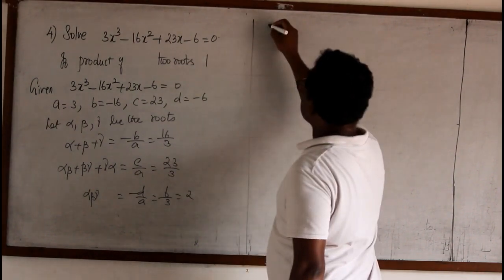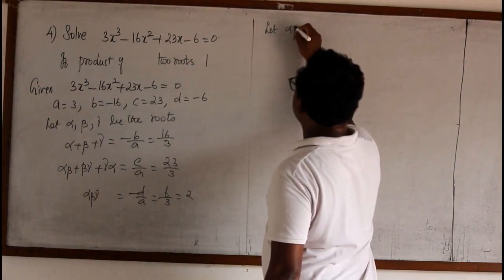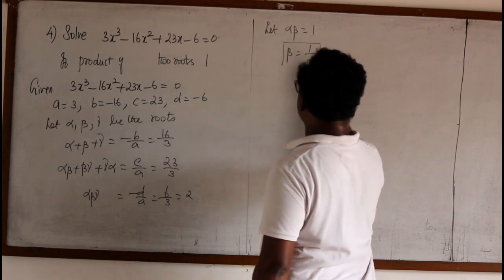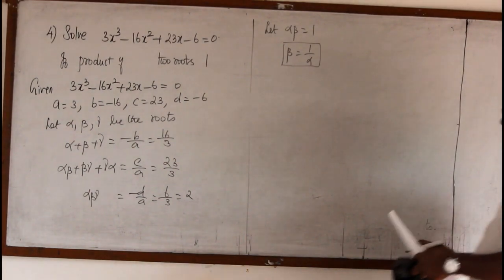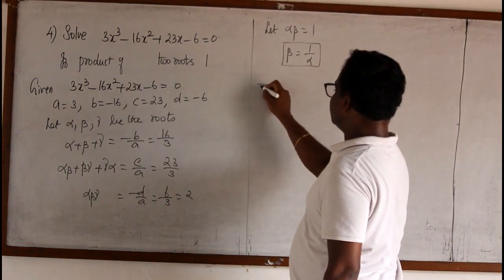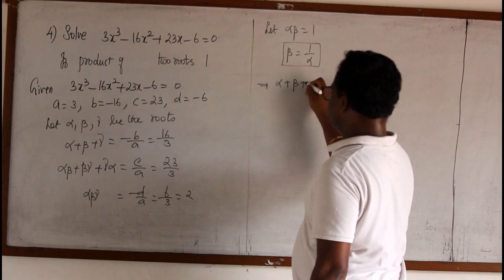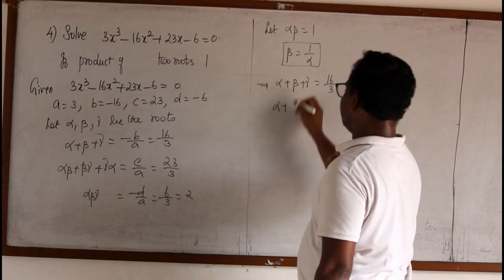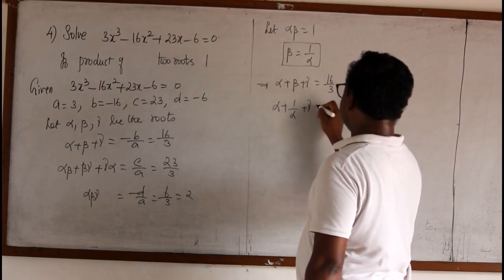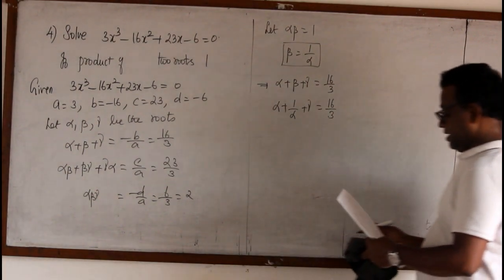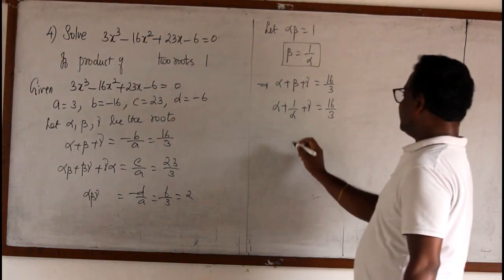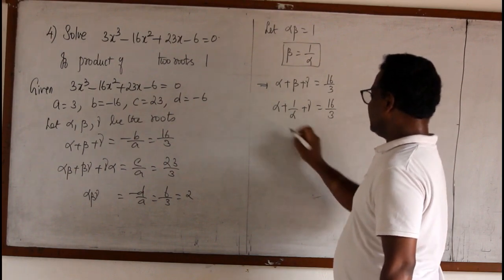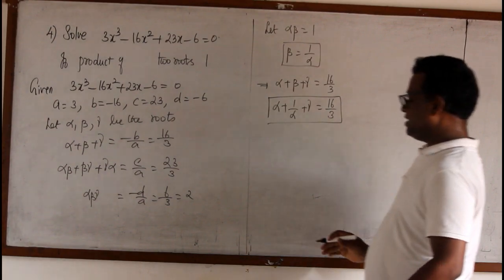Since the product of two roots is given as 1, let me take alpha beta equal to 1. Therefore, beta can be written as 1 by alpha. In that case, let me take the first one. So this implies alpha plus beta plus gamma is 16 by 3. So, instead of beta, 1 by alpha plus gamma is 16 by 3. We can keep this one as it is, then we shall go for the next one.